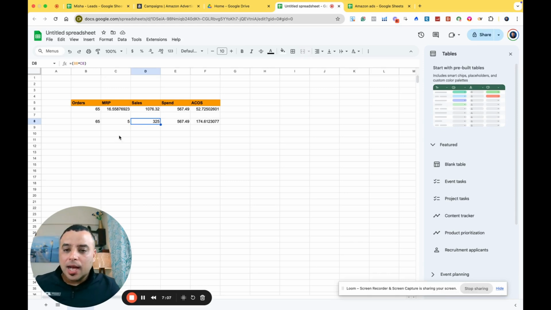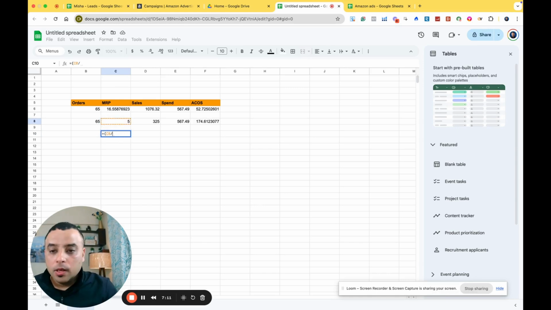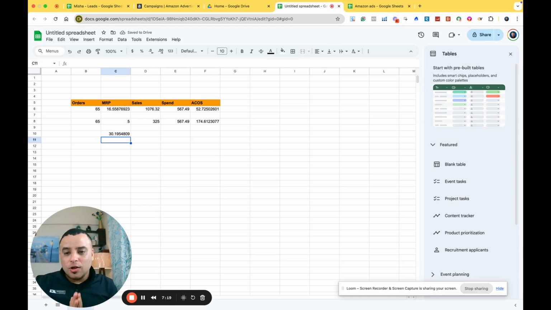I divide my royalty by the MRP and multiply by 100, which means if my ACOS is 30%, I am break even with ads. Which means it's neither profit nor loss.